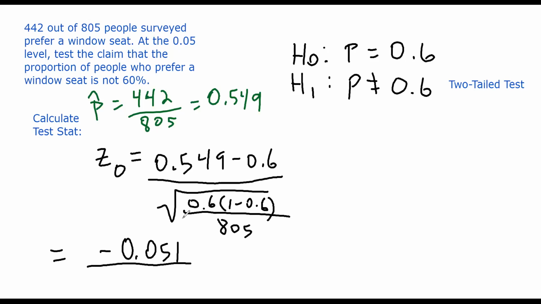The denominator is going to be 0.173. And so our test statistic value is going to be negative 2.95.